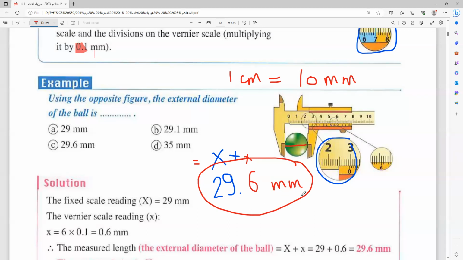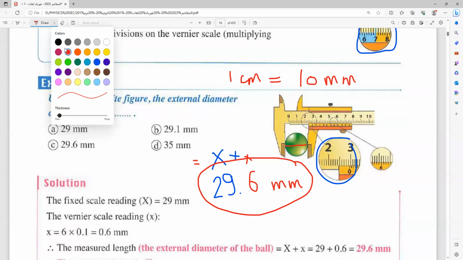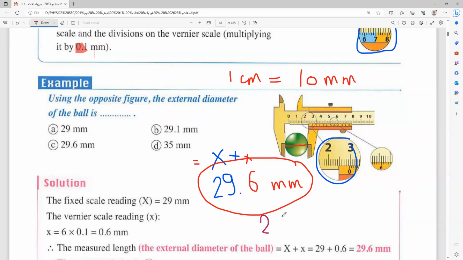Who can convert this reading from millimeter into meter? If you want to convert it into meter, it is 29.6 times what?